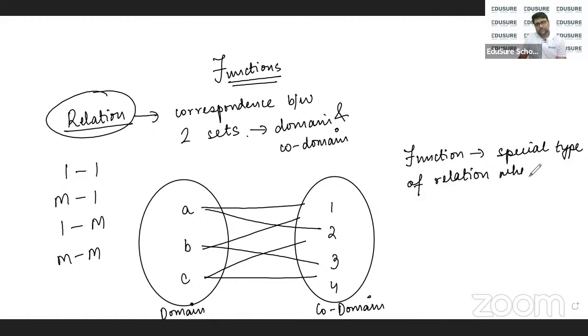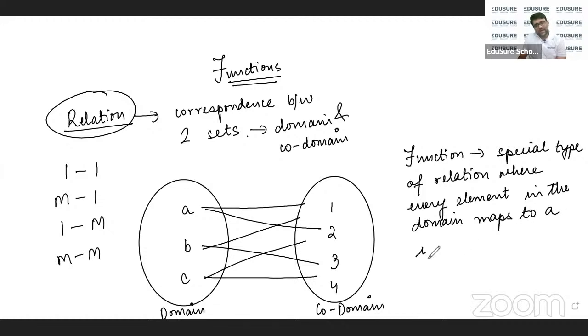Function is a special type of relation where every element in the domain maps to a unique element in the codomain.